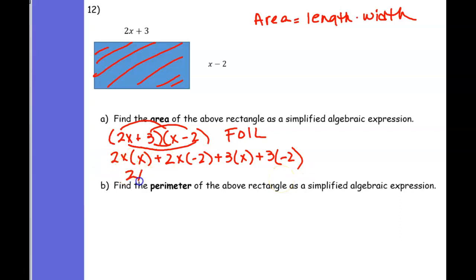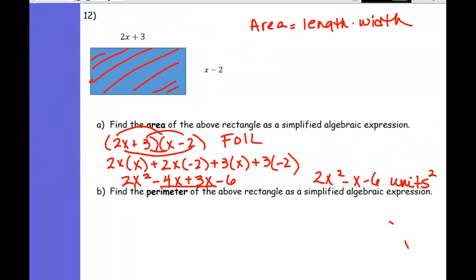We get 2x squared minus 4x plus 3x minus 6. When we combine our like terms, we end up with 2x squared minus x minus 6. And the units would be units squared because it's area that we're talking about.